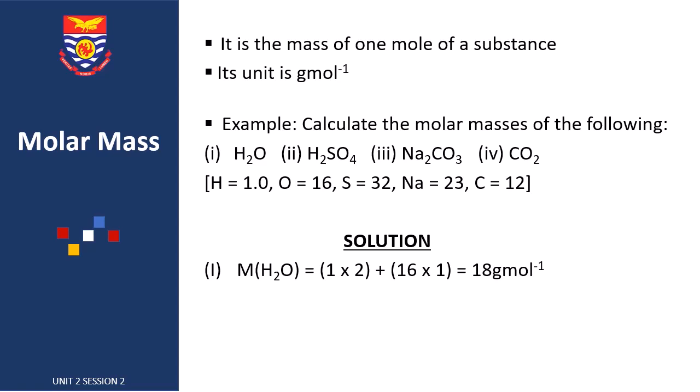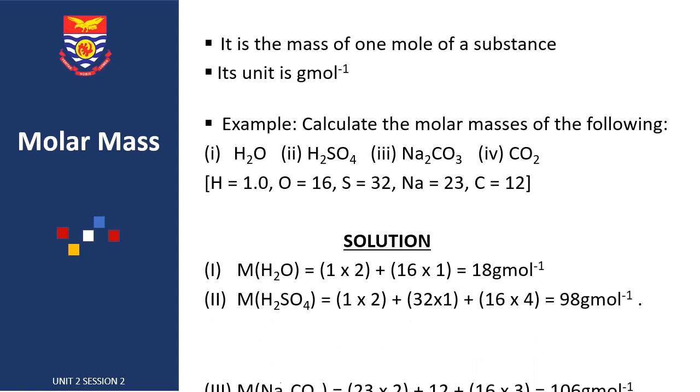Then we multiply it by the number of hydrogen atoms present. In this case, we have 2. So we are done with the hydrogen. Then we proceed with the oxygen. So atomic mass of oxygen, which is 16, times the number of atoms present, which is 1. And then we sum them together. Whatever we get is the molar mass of the water. And we can do the same for the rest of the examples.